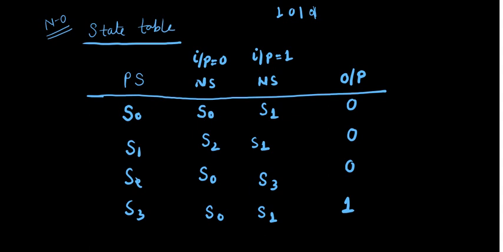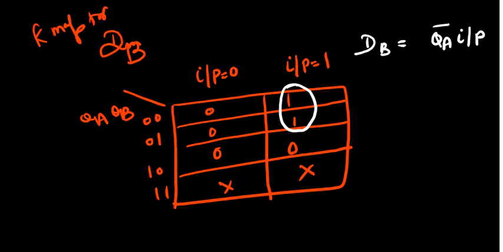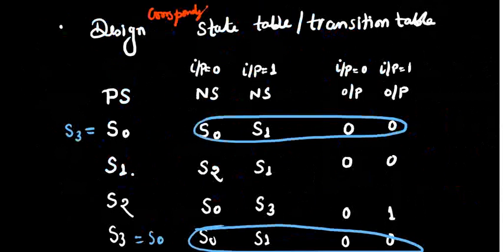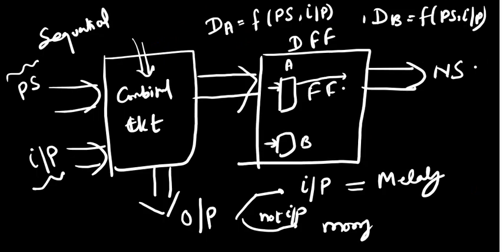whether there is some redundancy. As I can see, there is no redundancy. How would you check the redundancy? If the last three columns for some rows are the same, we will say that these two states are redundant. What we saw in the Mealy type of design was that since these two rows were the same, we said that S0 and S3 are in fact redundant, actually the same.